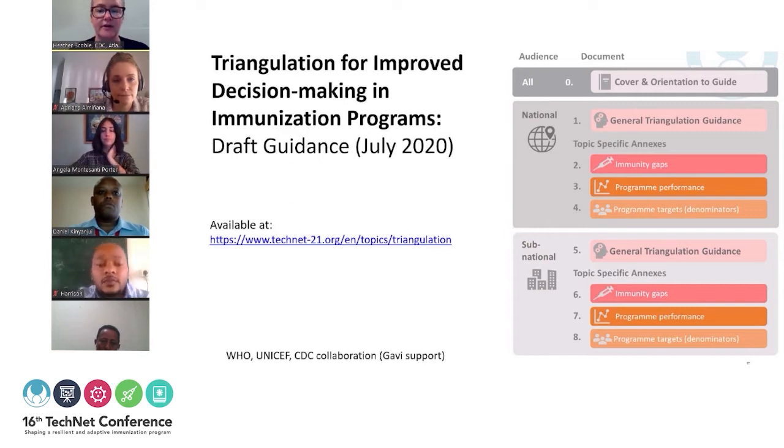There's a cover and orientation to the guide, and then there are documents for the national and subnational level. At each level, there's a general overview about triangulation and the methods to do it. And then there are topic-specific annexes that give examples on how to deal with immunity gaps, program performance, and program targets or denominators.